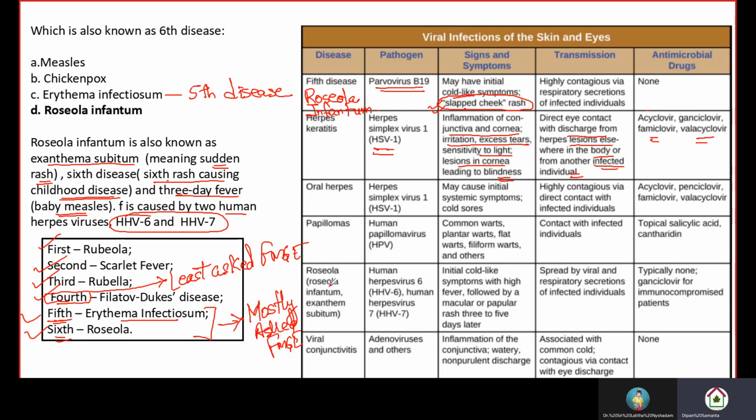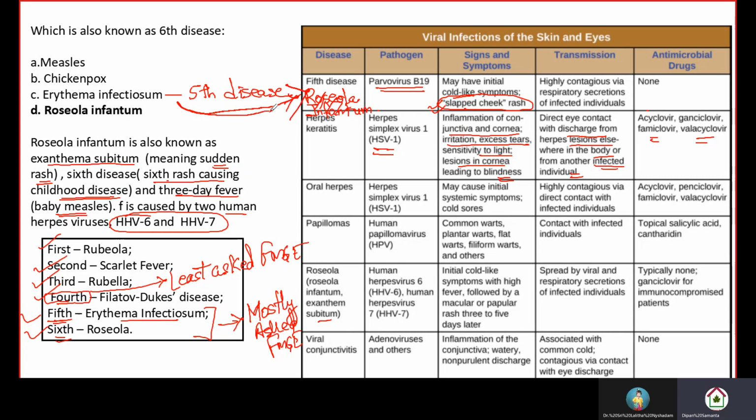And roseola infantum, exanthem subitum. Oh, this is fifth. Oh, I'm sorry. This is erythema infectiosum, not roseola. This is the fifth disease.